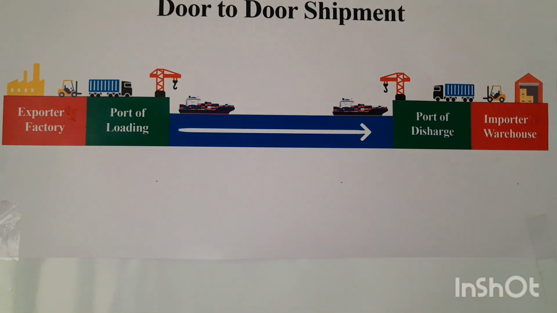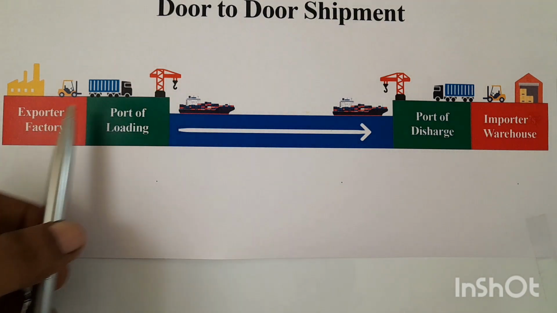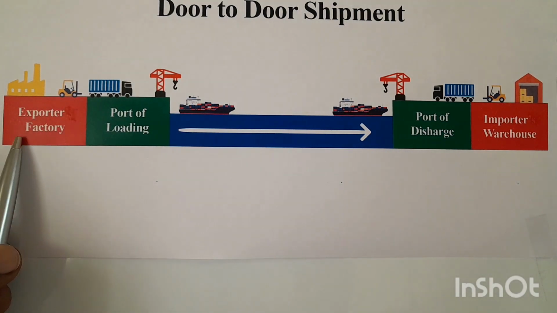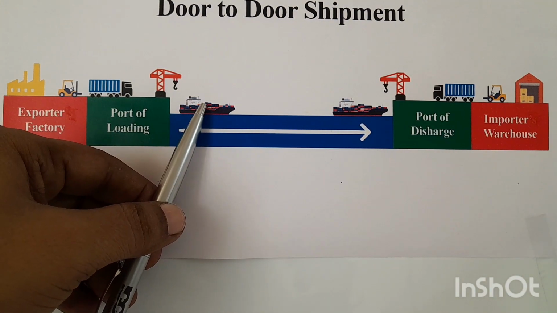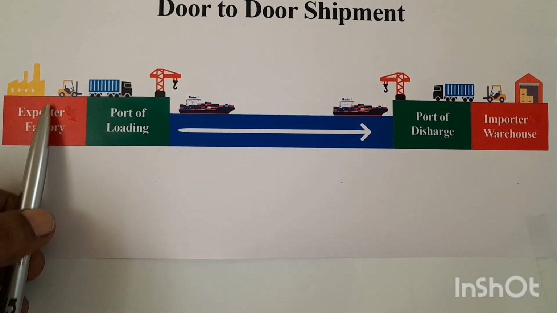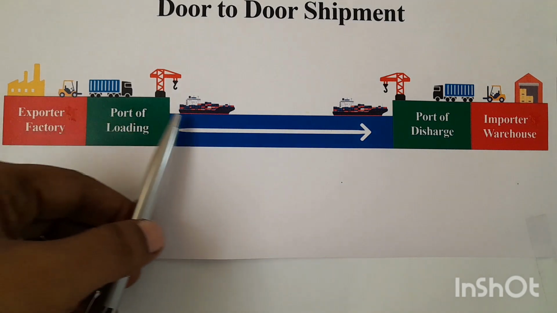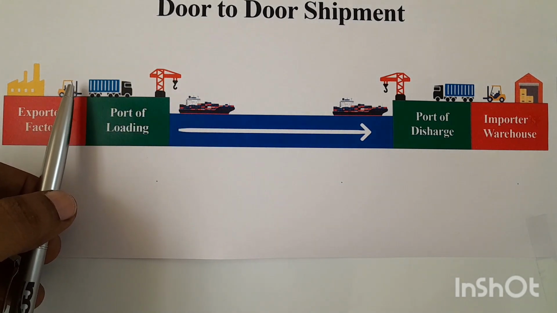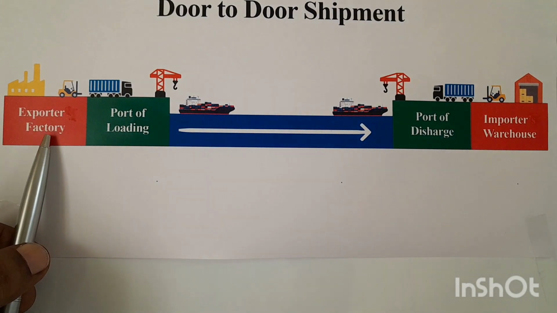Now another way of doing the same thing. Let us say the exporter has executed a single contract with the carrier, and the carrier agrees to pick up the cargo from the exporter factory through the transport by providing own transport or by having a transport contractor but accountable to the carrier, not to the exporter.